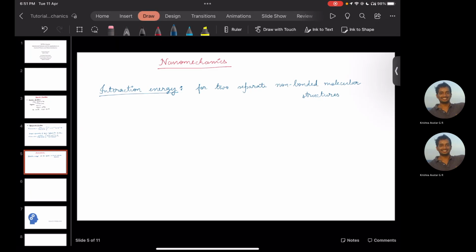And let's use both the forms. One is what we call the discrete framework, when we have all the atomic pairs.